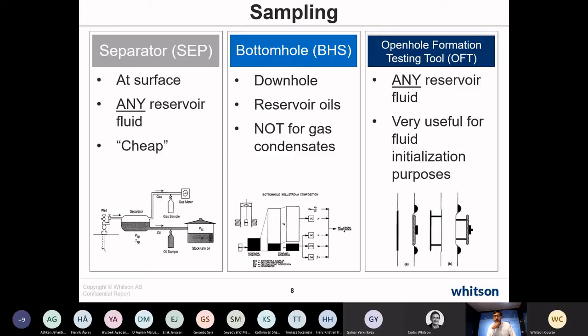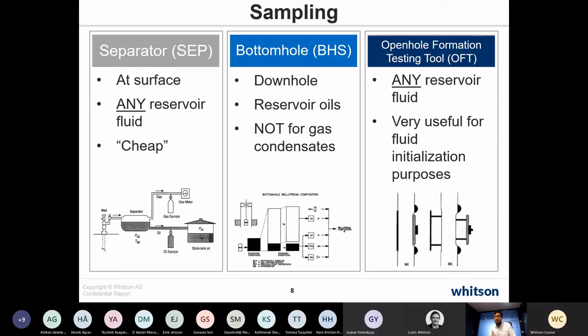We have bottom hole sampling. There, instead of collecting samples at surface, you collect samples downhole. This is usually recommended for reservoir oils and not for gas condensates. The main reason it's not generally recommended for gas condensates is that gas condensate reservoirs are usually near saturated.